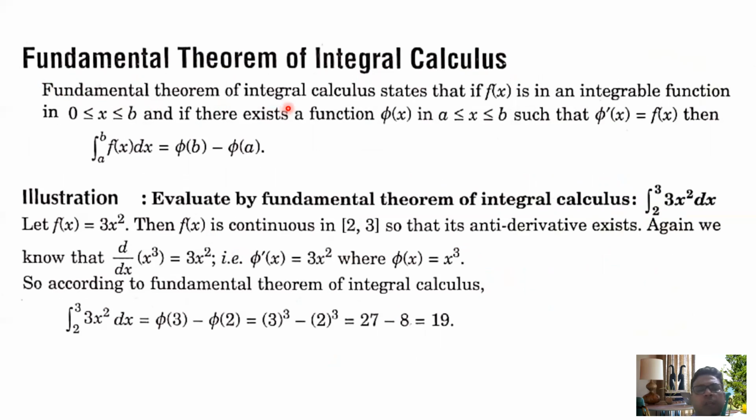The fundamental theorem of integral calculus states that if f(x) is an integrable function in a less than or equal to x less than or equal to b, and if there exists a function phi(x) such that phi dash x is equal to f(x), then the integral from a to b of f(x) dx is equal to phi(b) minus phi(a). This is the fundamental theorem of integral calculus.